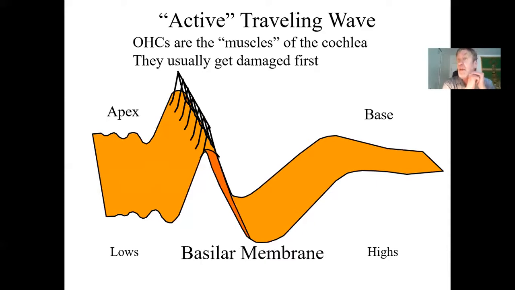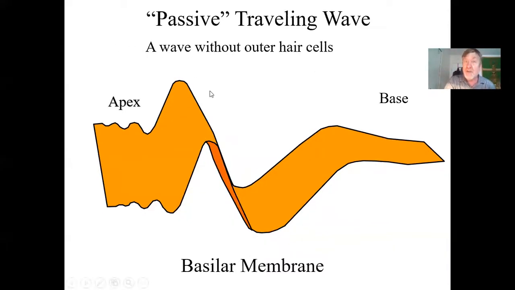Well, what do we do for that person then? Directional microphones, remote microphones, FM systems, anything to increase the signal, speech, compared to the background noise, because his damaged cochlea cannot separate frequencies close together, so he can't separate aided speech from aided background noise as well.